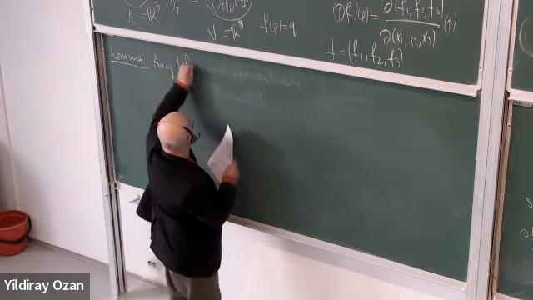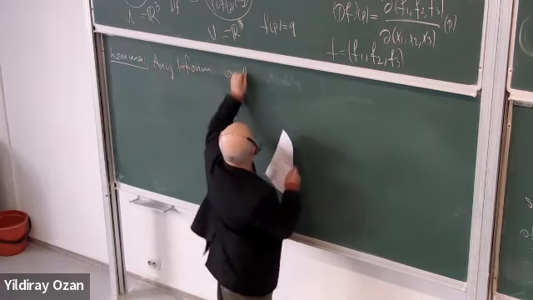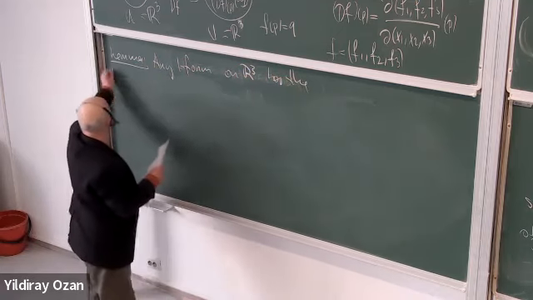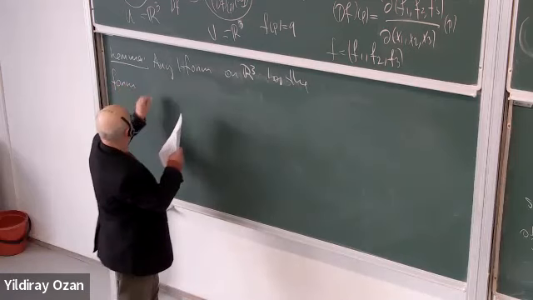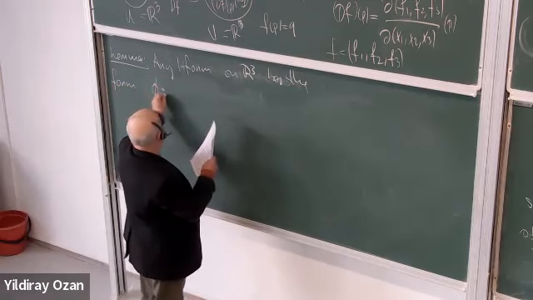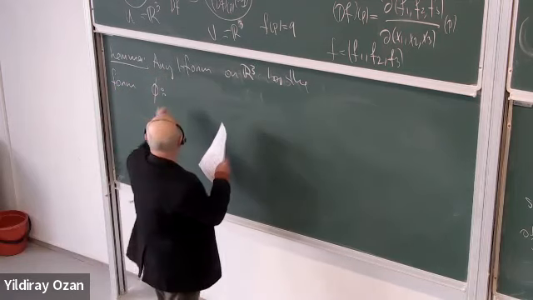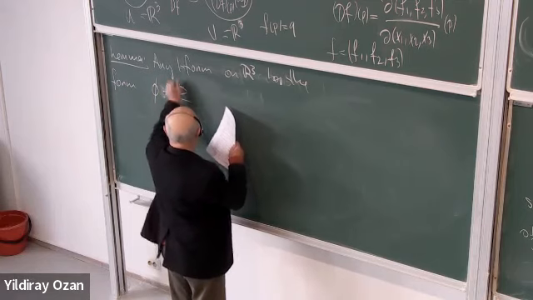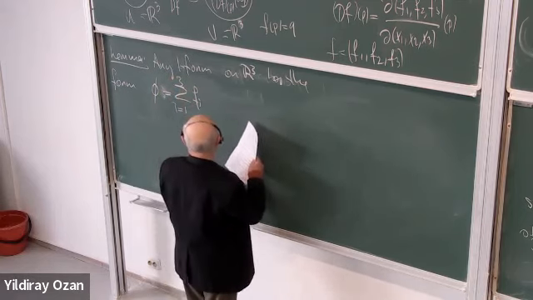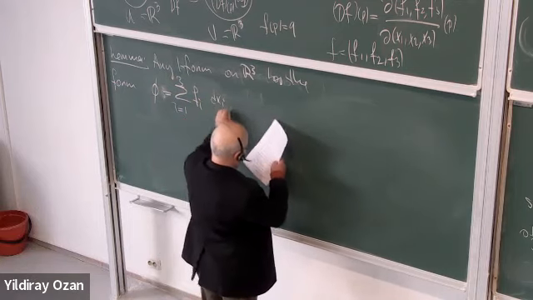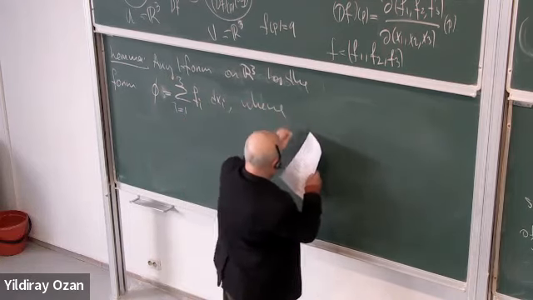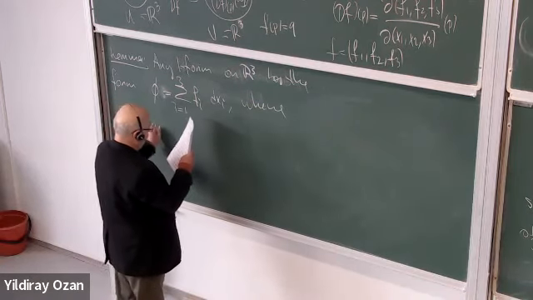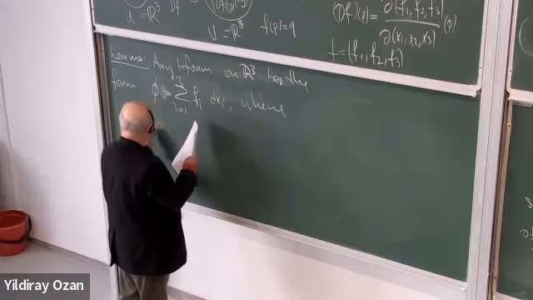Any one form on R3 has the form, so it's like a differential, but not necessarily differential of a function, okay? So it's something like this, sum from 1 to 3 of some functions fi times dxi, where fi is just phi of Ui.